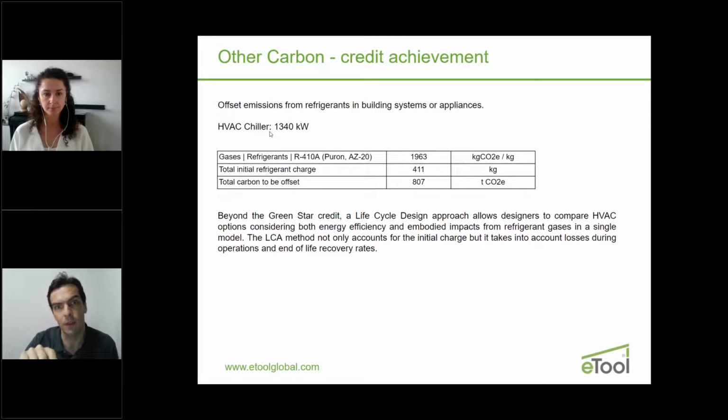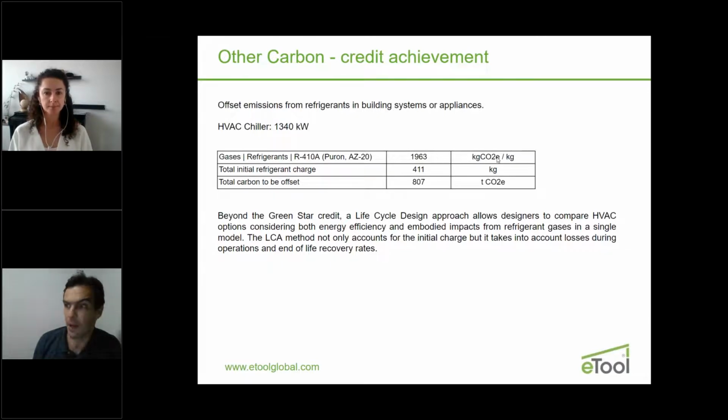I haven't seen yet the Green Star table. This is a very simple table with the different gases and the emission factor for each one on a kilogram basis. So you can do a simple calculation depending on the amount of gas you have in your system. So I'm using the data from the software here to estimate the amount of refrigerant gas from a chiller.